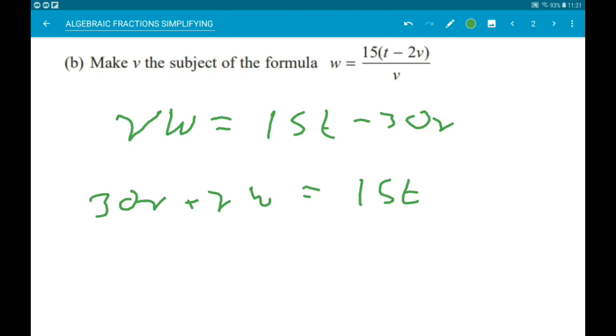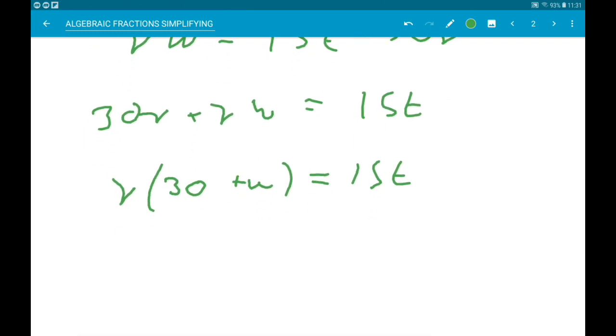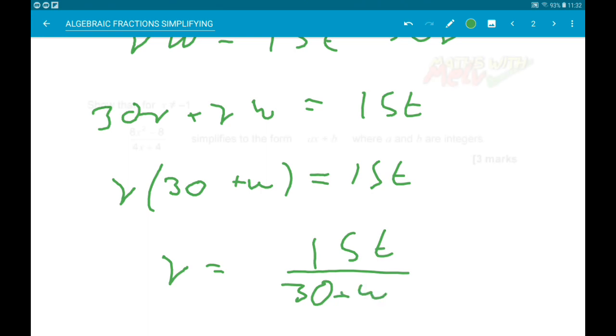So to turn that into one v term, we factorise. So on the left we have v times 30 add w, and that is equal to 15t. And then finally we divide through by the bracket, so v is 15t over 30 add w.